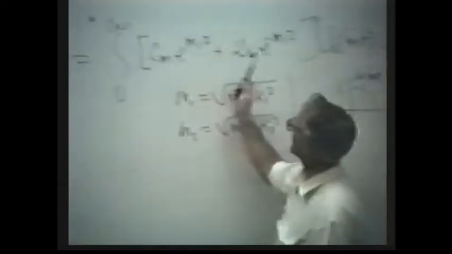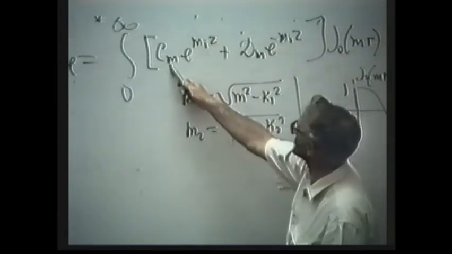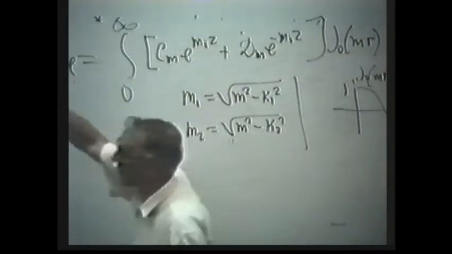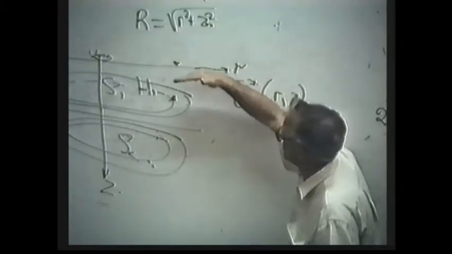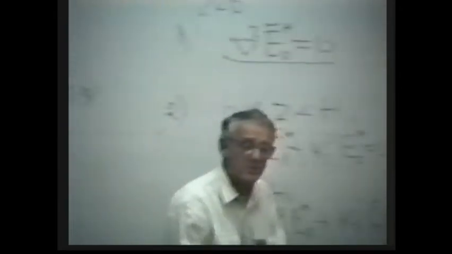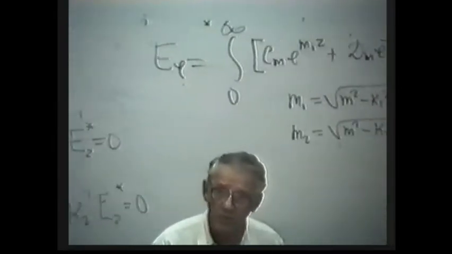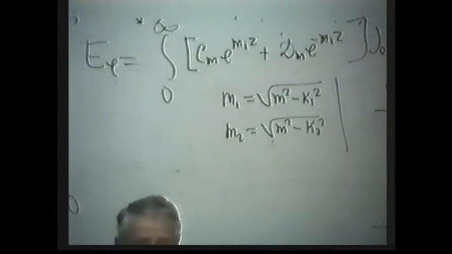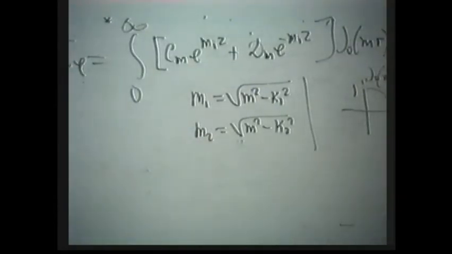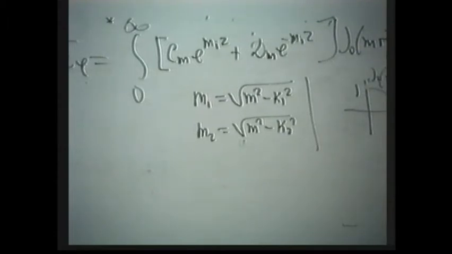How do we find these coefficients, Tm and Dm? We have this expression for the upper layer, for air, for the first layer, for the second layer. We find these coefficients from boundary conditions, from conditions at these two interfaces.